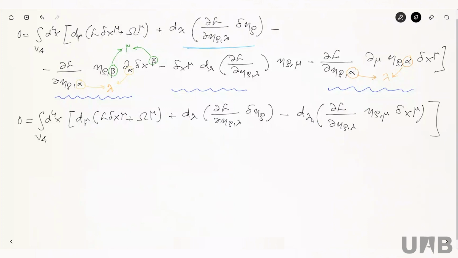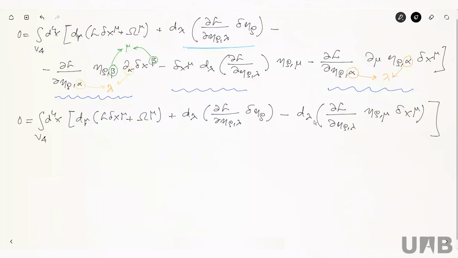Okay, because when I take the derivative on eta, what I have is eta rho and the derivative with respect to mu and lambda, the two of them. Eta rho with the derivative of mu and lambda. And this is what I have here, times delta x mu, times x mu. So when this derivative acts on this eta, it gives me this term here.